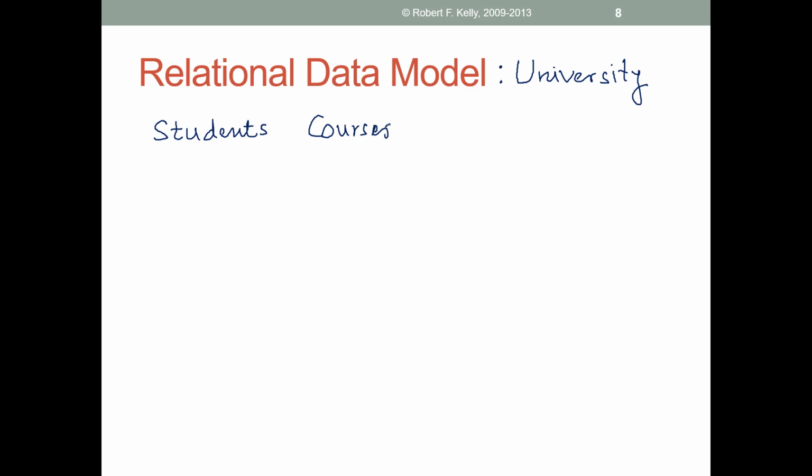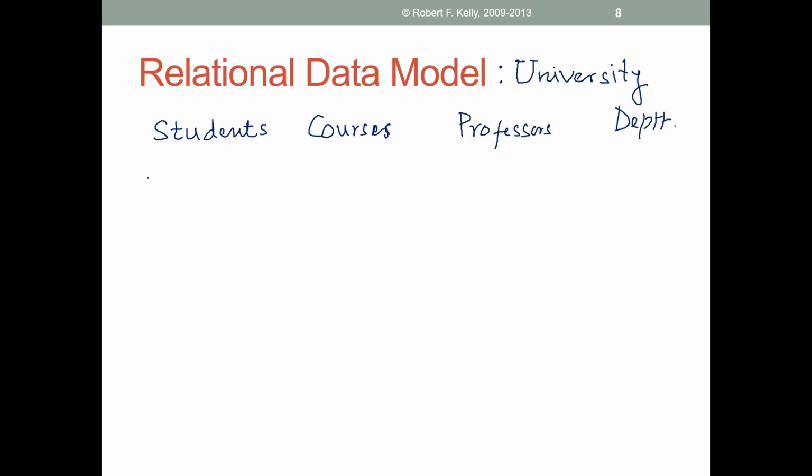Then you will have professors. You will have departments. I'm running out of space, so I abbreviated that. Okay, so these were the entities, and entities are kind of conceptual things which help us in modeling the data.